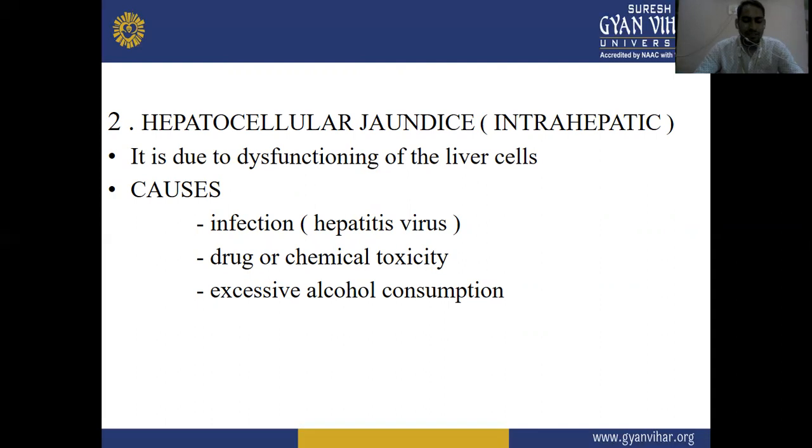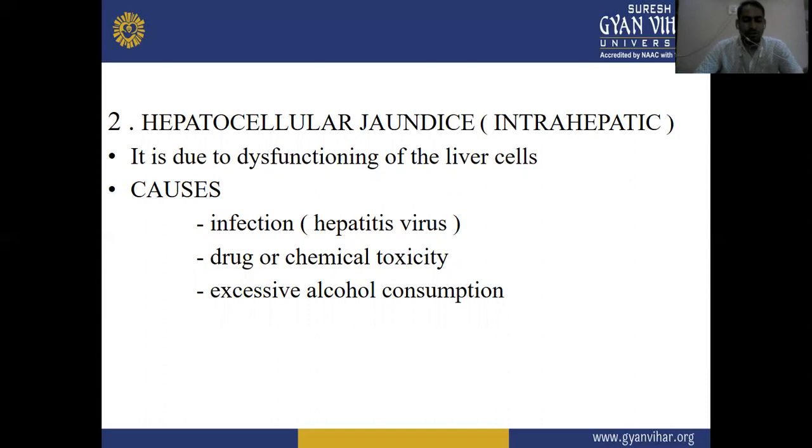Hepatocellular jaundice occurs when bilirubin is unable to leave the liver cells and cannot be removed from the body by the kidney.